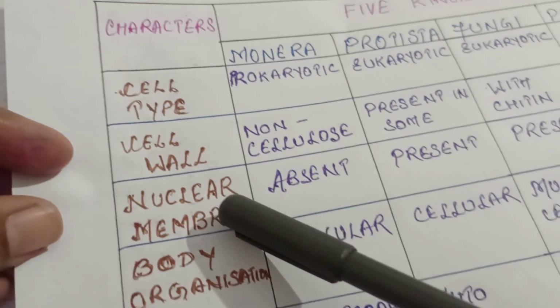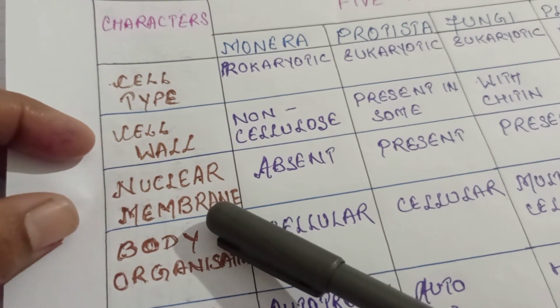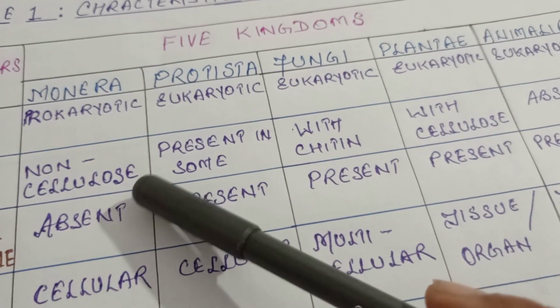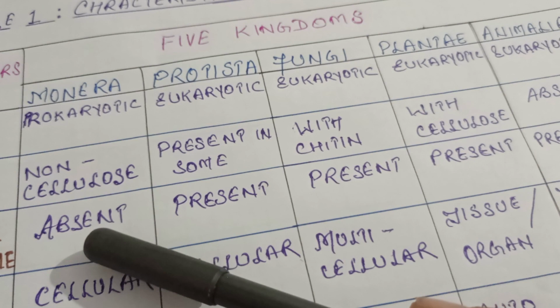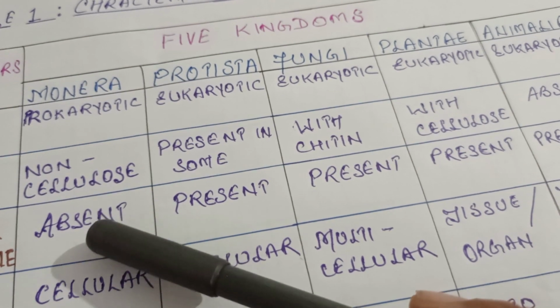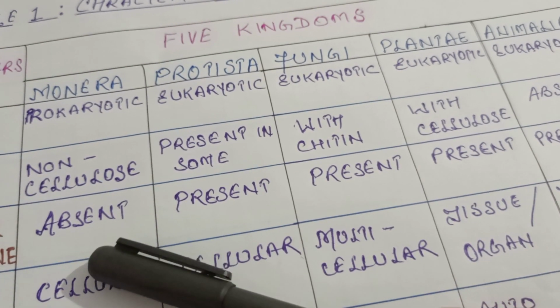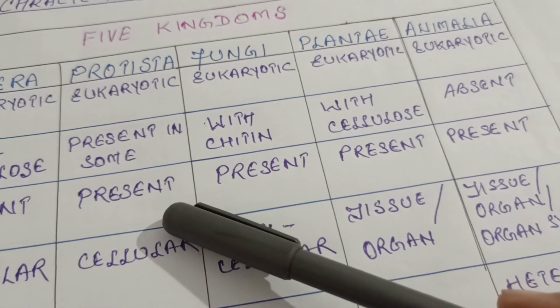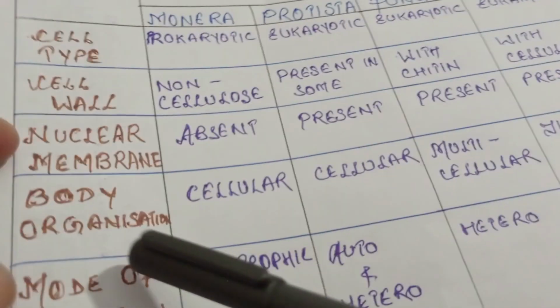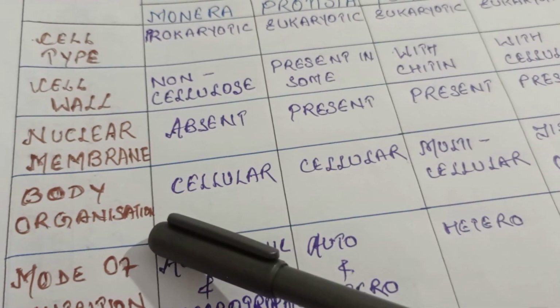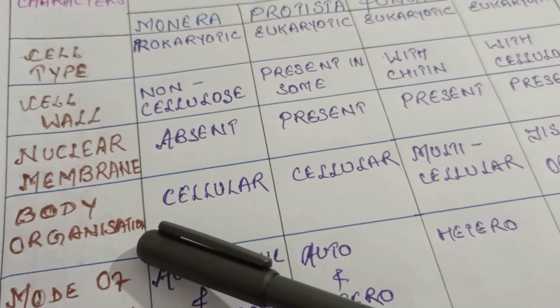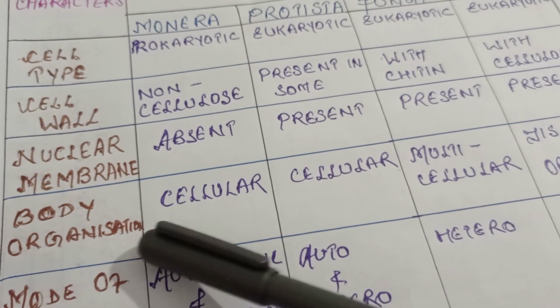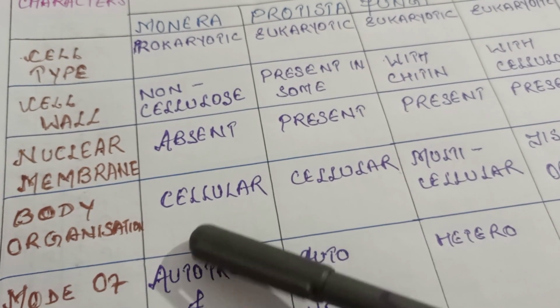Then we come to the third character, that is nuclear membrane. Nuclear membrane is absent in prokaryotes, a specific character of prokaryotes. And in all the eukaryotes, a proper nucleus with nuclear membrane is present. Then comes body organization. I was talking about unicellular and multicellular. All the monerans are cellular.